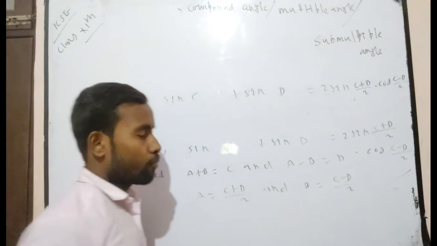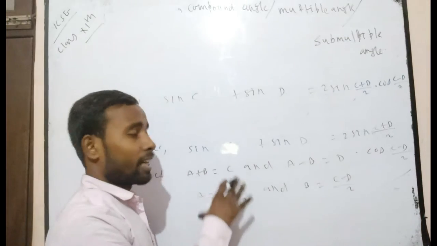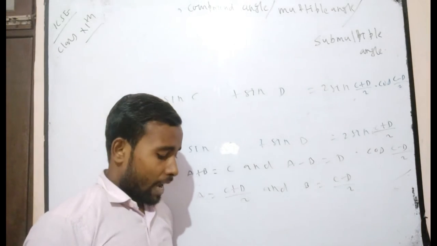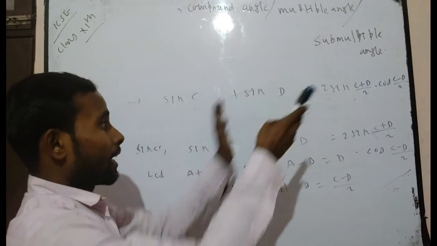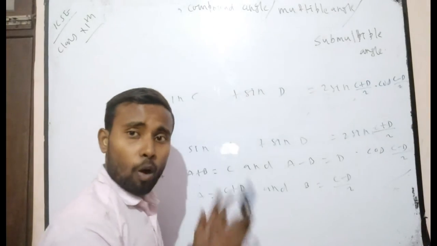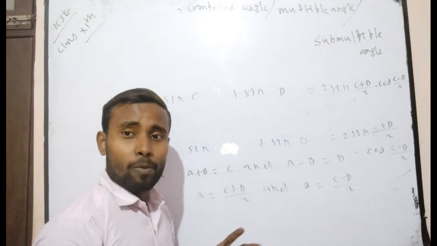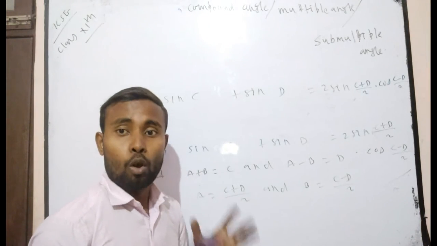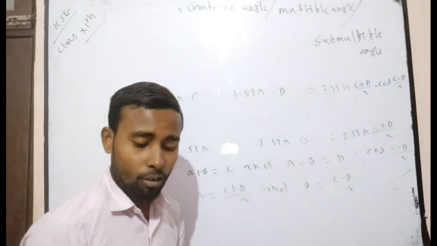I think you can prove all other trigonometric formulas related to these formulas. I will again discuss some good problems related to this chapter. I think you first have to remember all these formulas: compound angle, multiple angle, and submultiple angle. After that, I will discuss with you those problems which are good, basically competitive level.